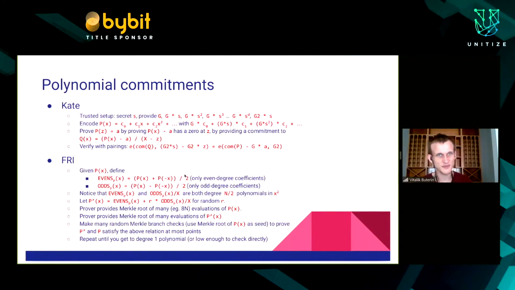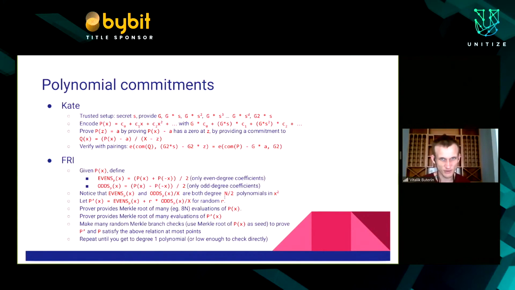This is a purely hash-based polynomial commitment scheme, so it's post-quantum secure, which is really nice, and potentially faster to prove. The idea is that if you have a polynomial P, you define two polynomials, evens and odds: one captures only the even degree coefficients, the other only the odd degree coefficients.